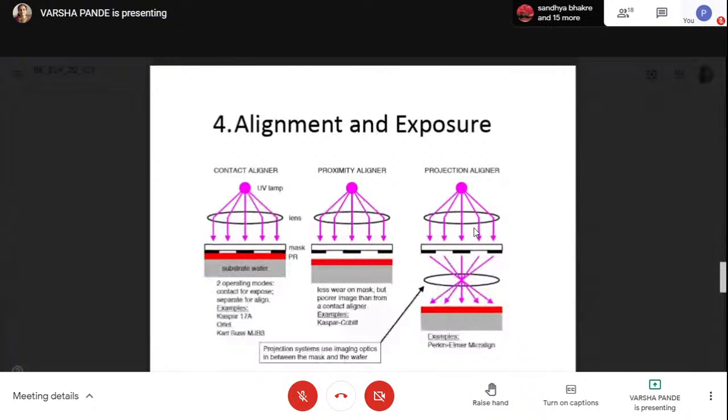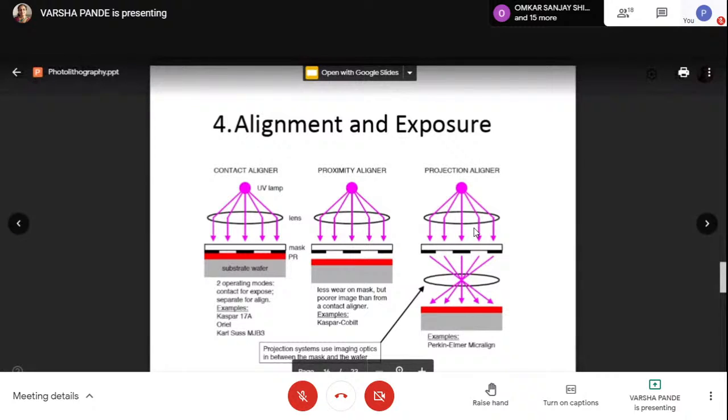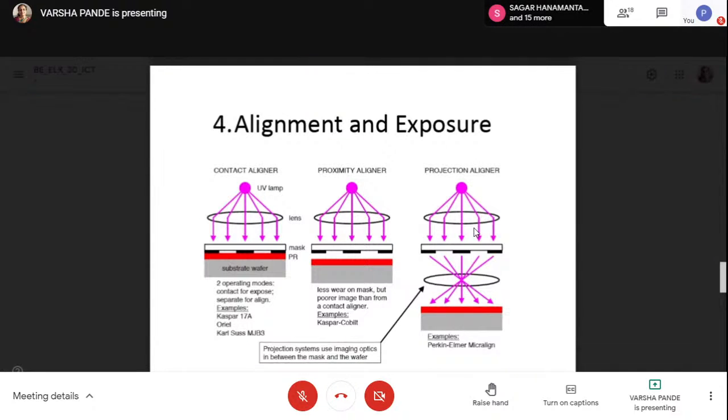In proximity alignment, the mask is placed above the photoresist at a small distance, with no physical contact, and some air gap between the two. In the third, the mask is placed far from the photoresist, and in between a mirror-like projection system is used, through which the exposure happens. So like this, there are three methods of alignment of the mask.